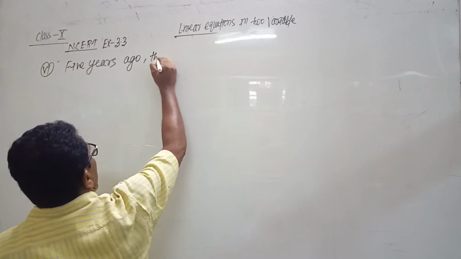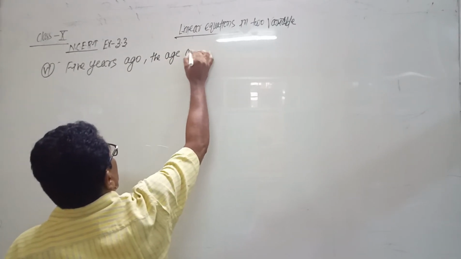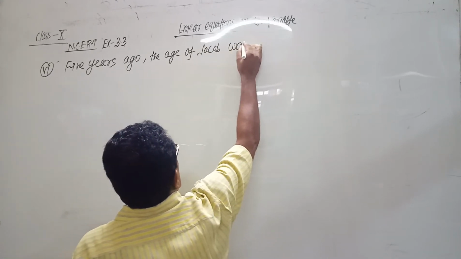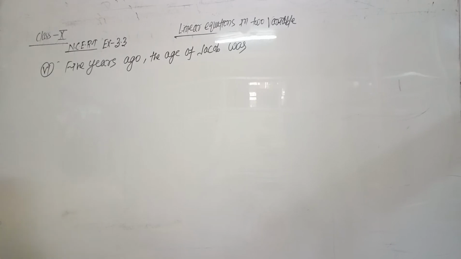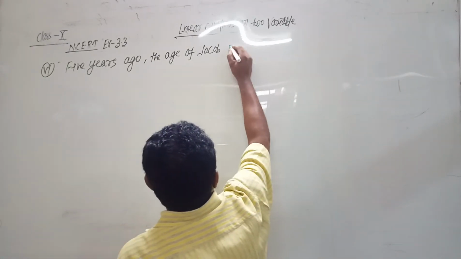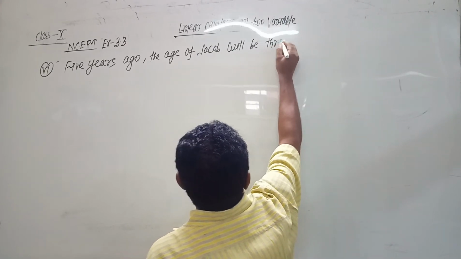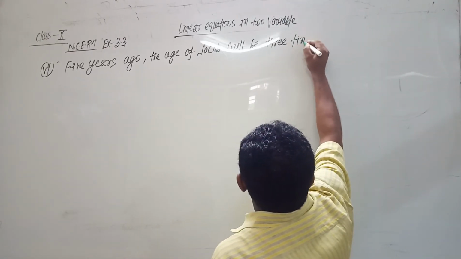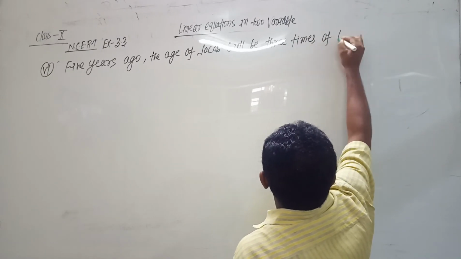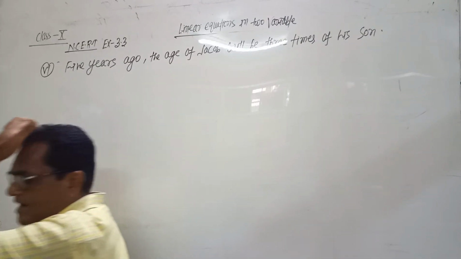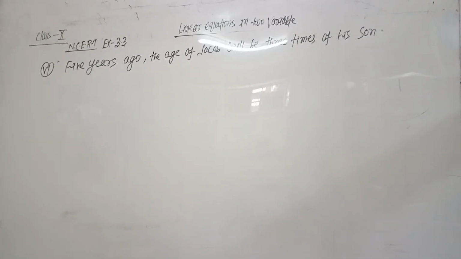The age of Jacob will be 3 times that of his son.